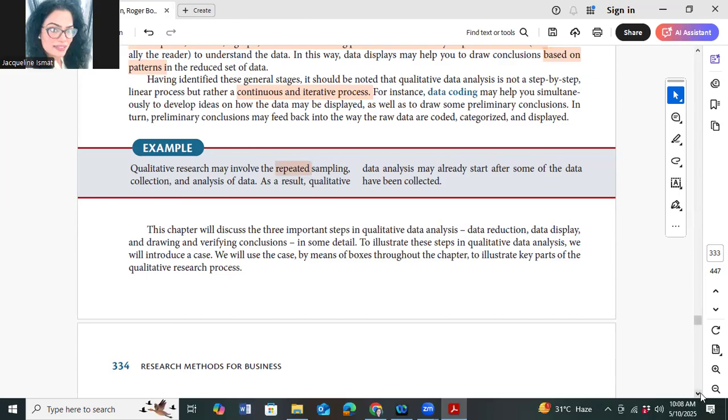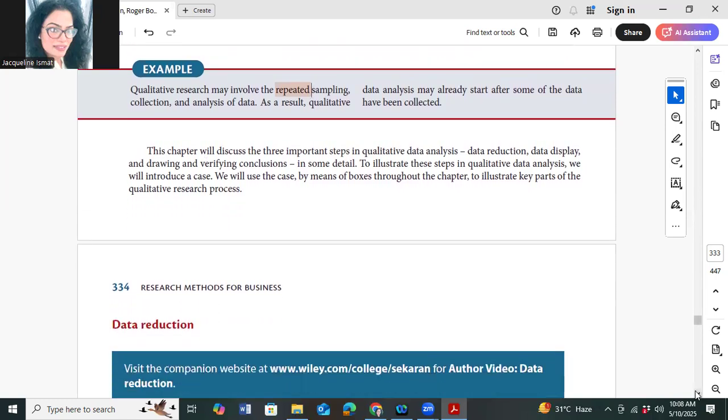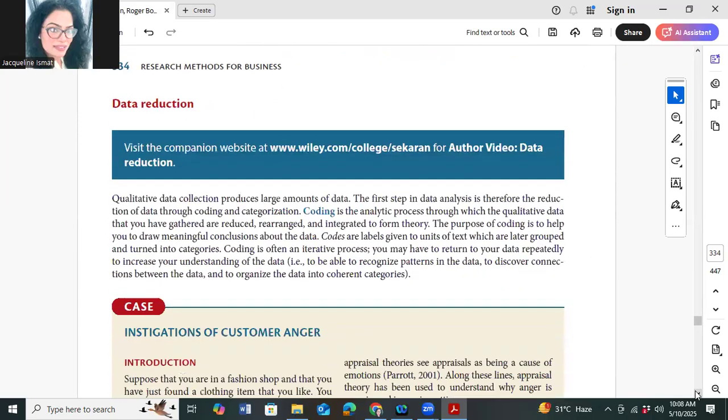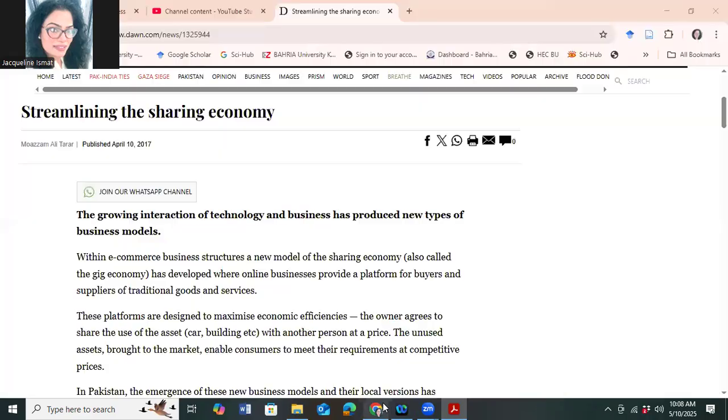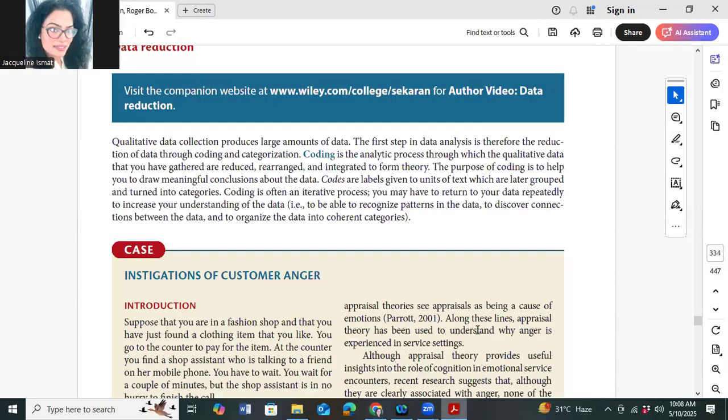The chapter will discuss 3 important qualitative steps, as I mentioned: data reduction, data display, and data conclusion. So let's take them one by one. What is data reduction? Qualitative data includes large amounts of data, all this information, some coding data.